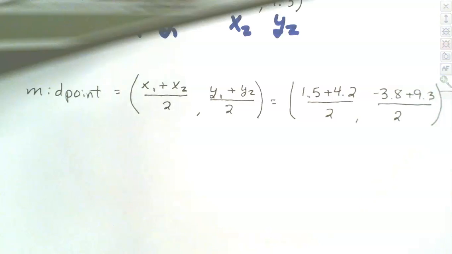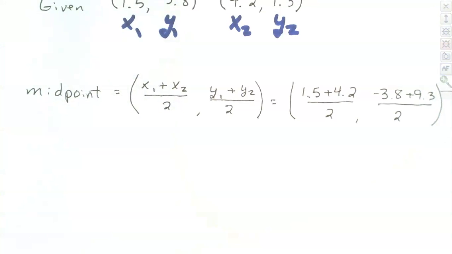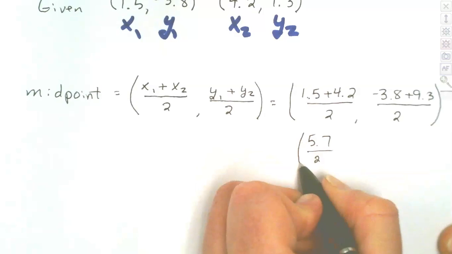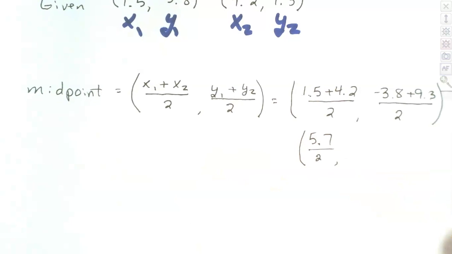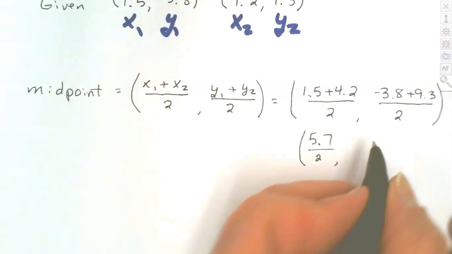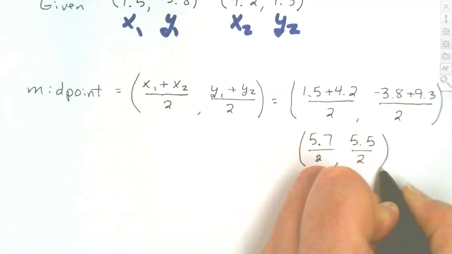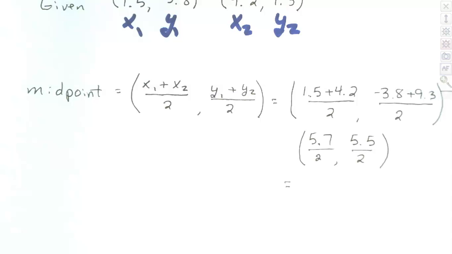So let's go ahead and add these together. So 1.5 plus 4.2, that gives you 5.7 over 2. And then we have a minus 3.8 plus 9.3. That's a 5.5 over 2. And we want to break these down.